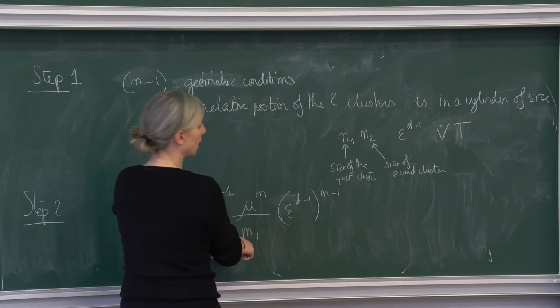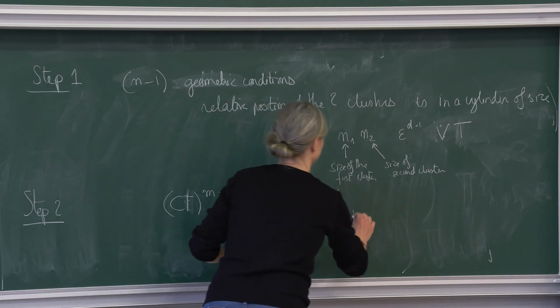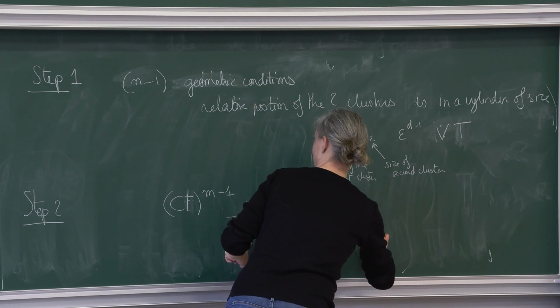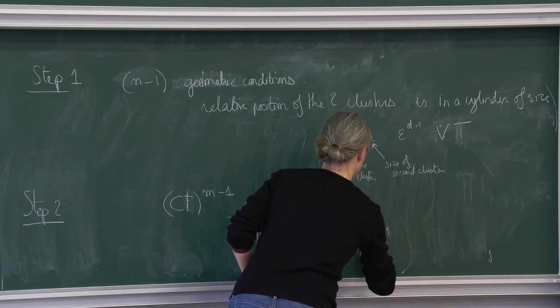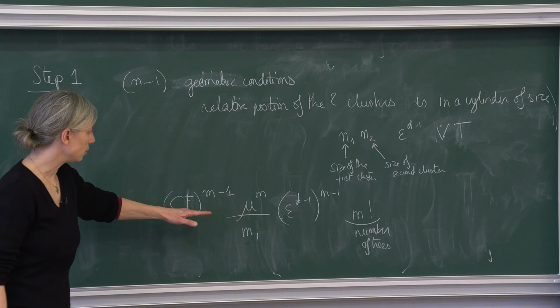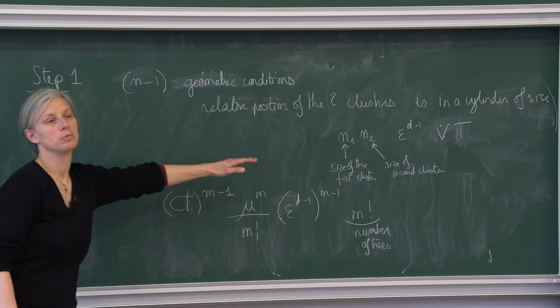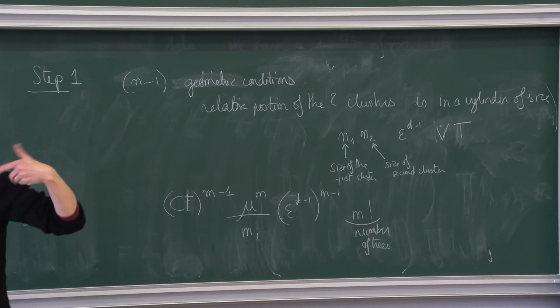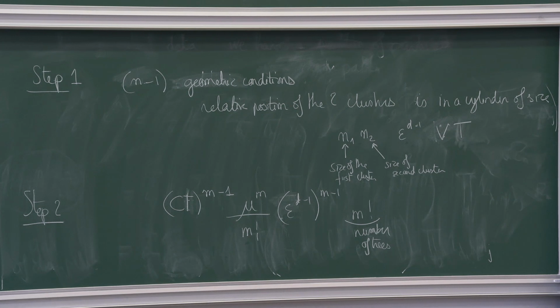And then I have factorial m, which is the number of trees. Okay, now you see that there is no order on the times, but of course you have fewer trees if you have no order on the tree, so it's exactly the same.